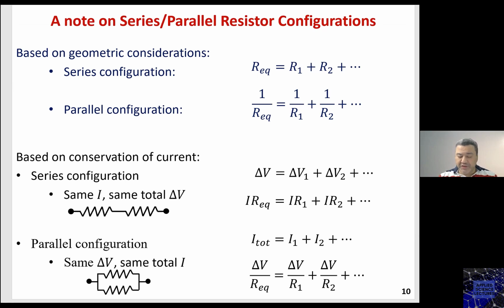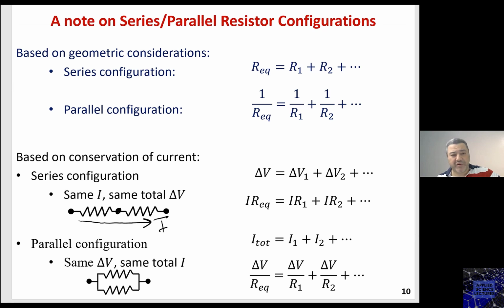Now, any two resistors that are connected in series, and the definition of series is that both of them share one terminal, and no other component is sharing this joint. This basically guarantees that the same current is going to go through both of them.